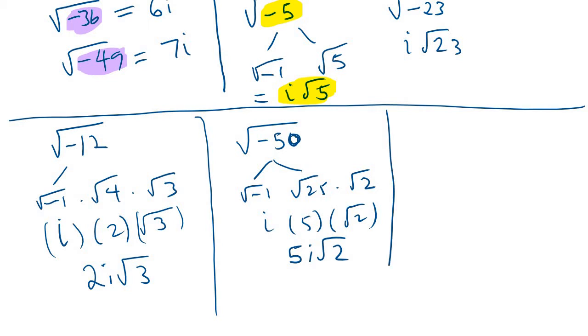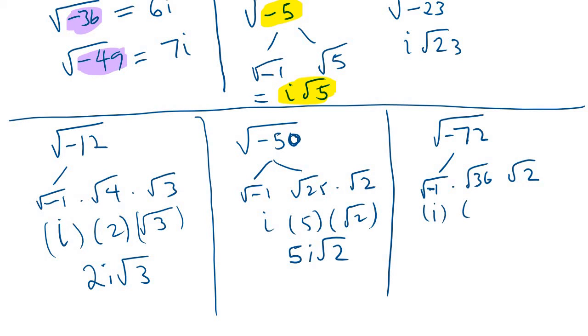We can do some bigger numbers, like, let's say, 72. The square root of negative 72. We know it's going to be i, the square root of negative 1, the square root of 36, and the square root of 2. So that'll be i, 6, and root 2. So it will be 6i root 2.